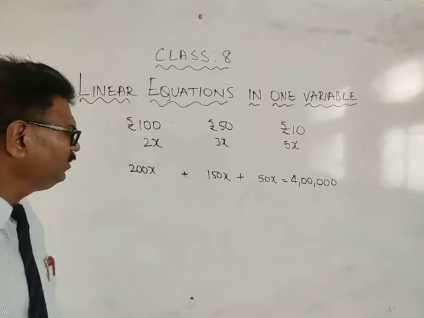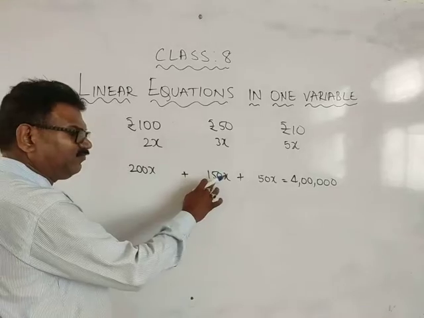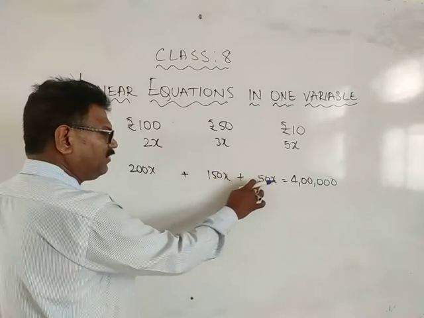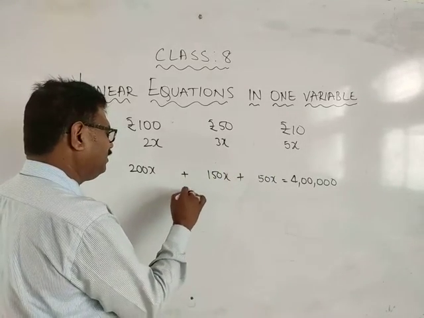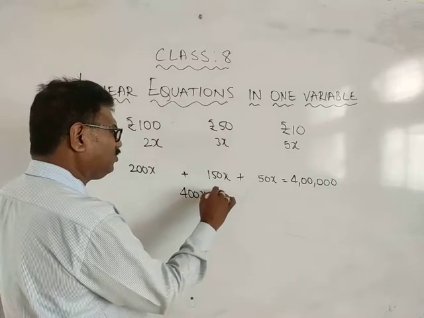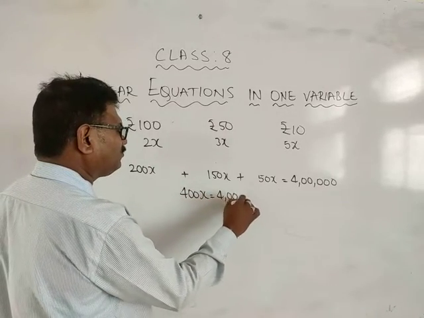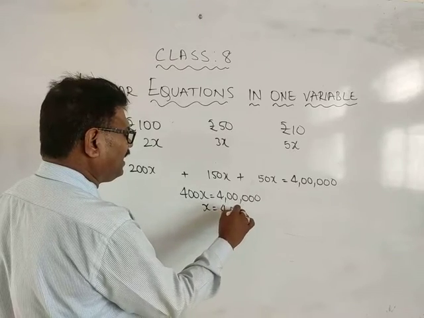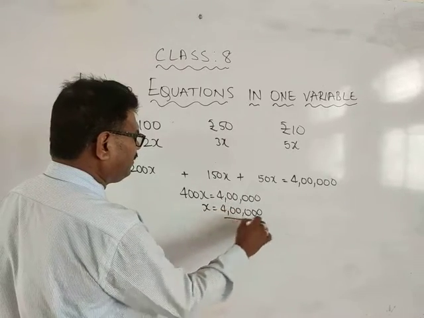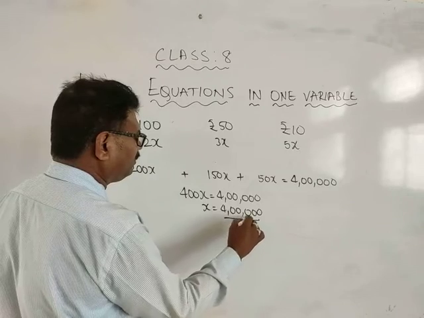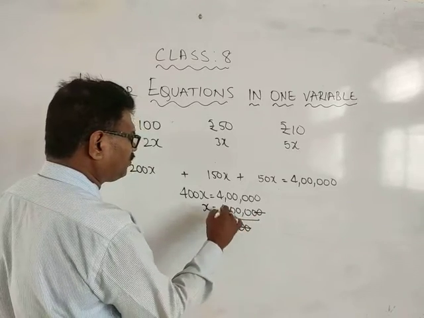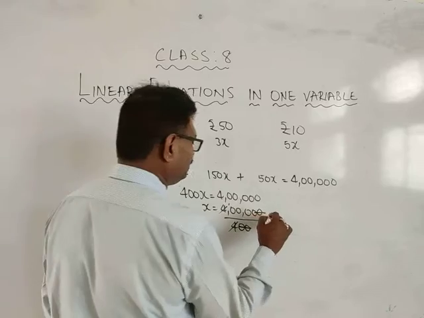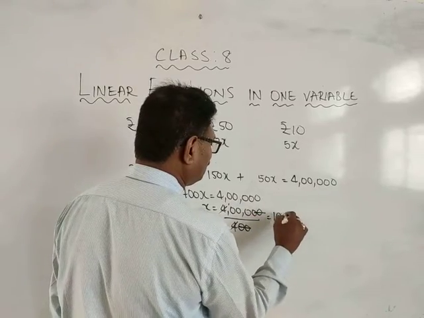Very, very simple. 200 plus 150 is 350. 350 plus 50 is 400. So 400x equals 4 lakh. Therefore x equals 4 lakh divided by 400. Two zeros cancel with two zeros. Therefore x equals how much? 1000.